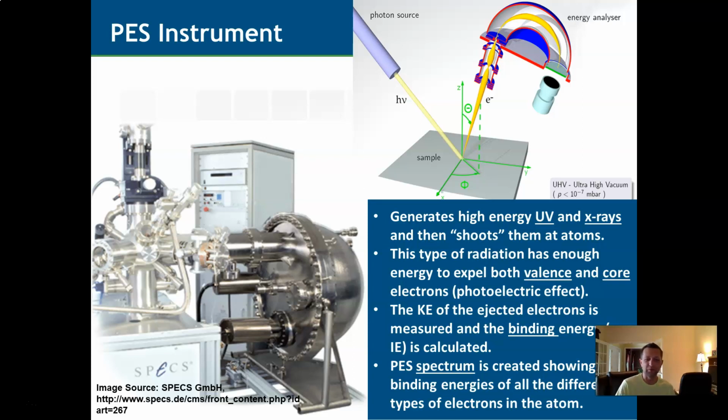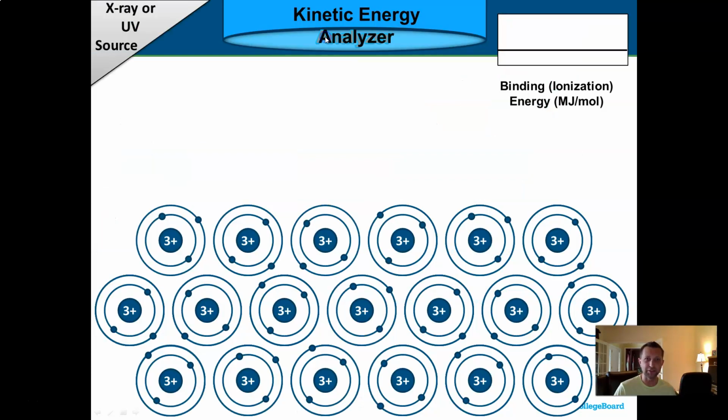There's just more distance between the nucleus and those valence electrons. So it's easier to remove them. So that's going to be a big important key here when we look at these spectra. The higher the binding energy, the larger that is, the closer to the nucleus that electron was located. Okay, because again, closer to the nucleus, harder to remove because of nuclear charge and shielding and just distance from the nucleus, energy levels in general.